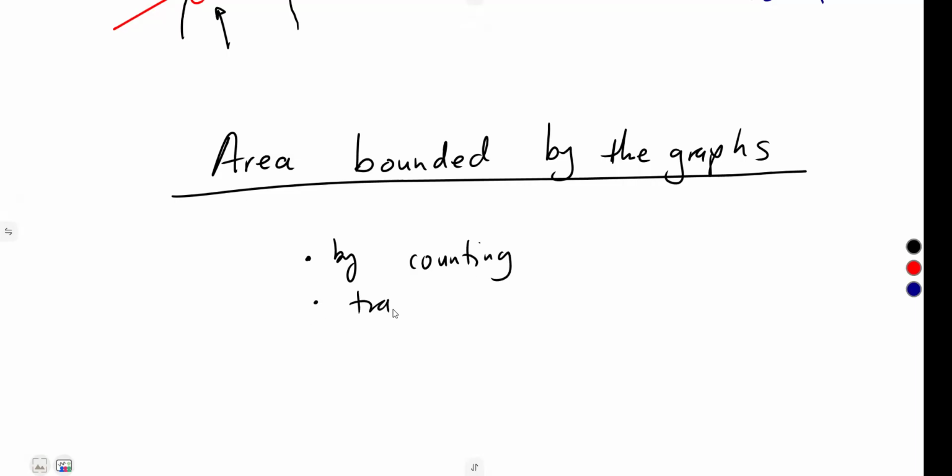can use the trapezium method, which in this case I'm going to ignore and work with counting squares. Counting squares gives us a better approximation.